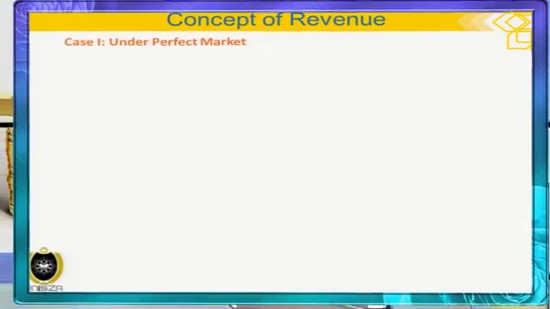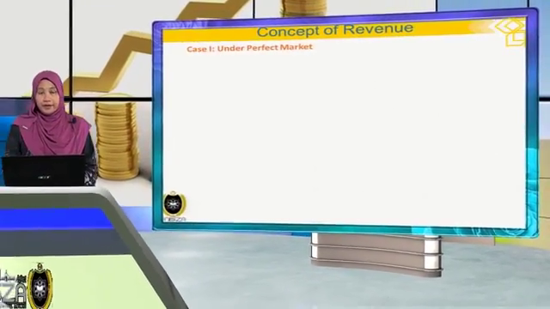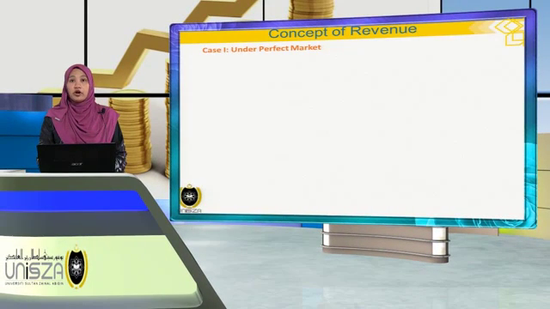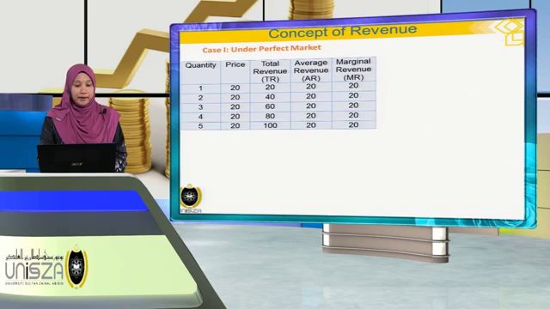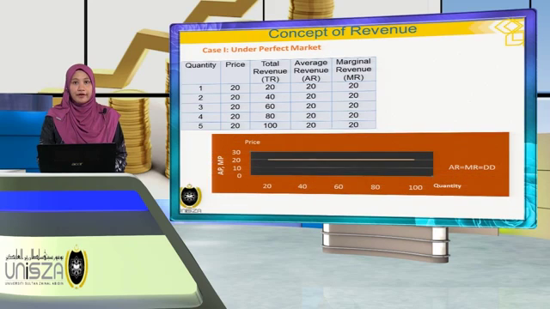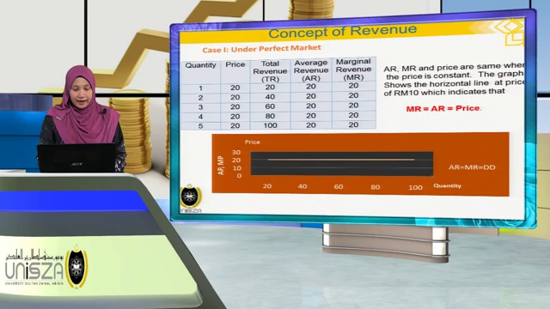Okay, we go to the concept of revenue for the perfect competitive market. For case 1, under perfect competition, you see the price, the average revenue and the marginal revenue are the same, because in perfect competition the firm is a price taker.